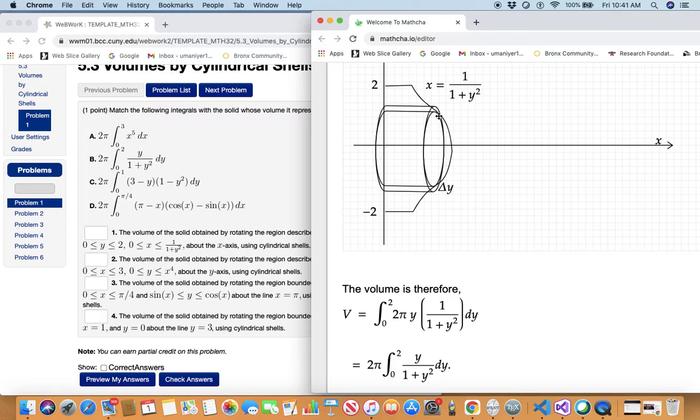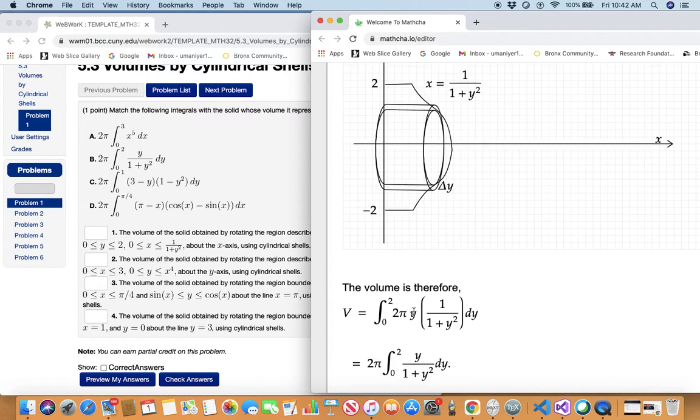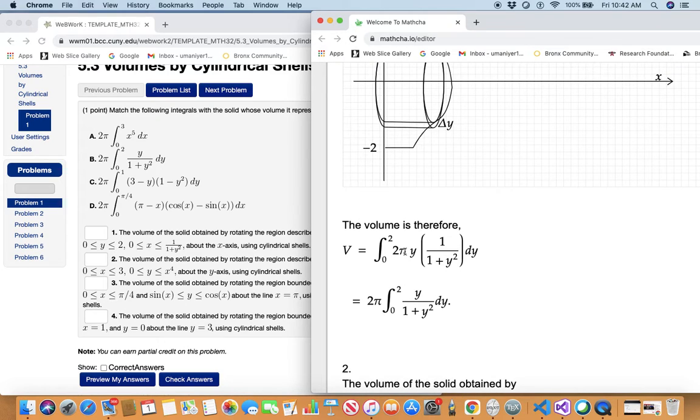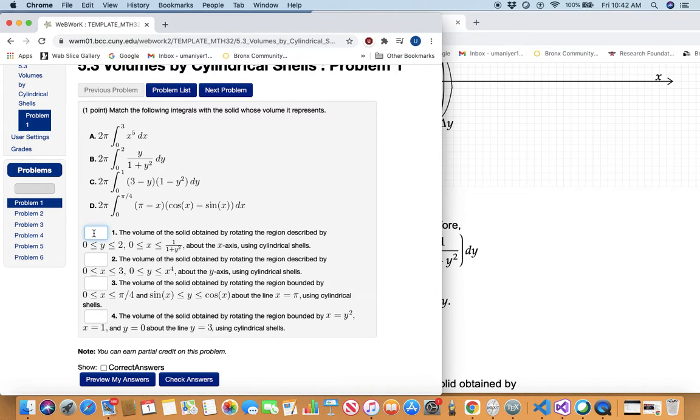So that's the height and that's the radius. So the expression is, you get the 2 pi out, integral 0 to 2, y times this fraction. So y times 1, y divided by 1 plus y squared. So for the first volume, B is the answer.